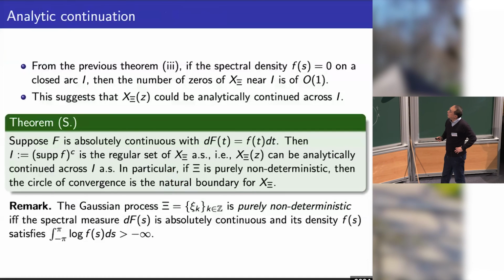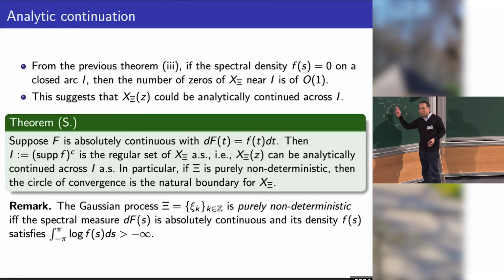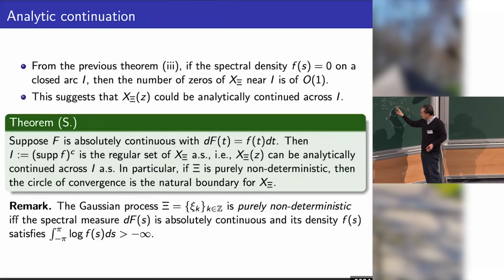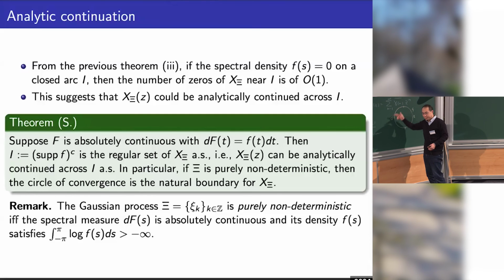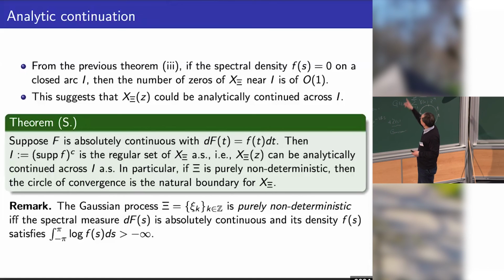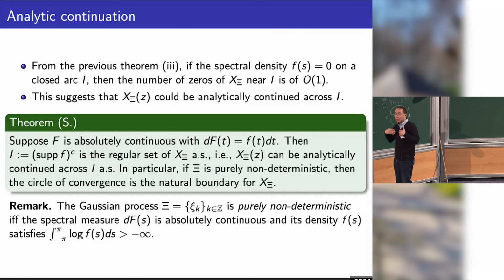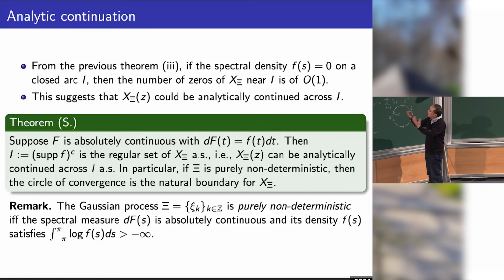And finally, I just want to mention that here you have very few zeros. If you have a density like this, you can continue analytically, so you have analytic continuation along this arc. Actually, if f is absolutely continuous with respect to the Dirac measure, and you define I to be the complement of this support, then on this set you can continue this analytic function almost surely.